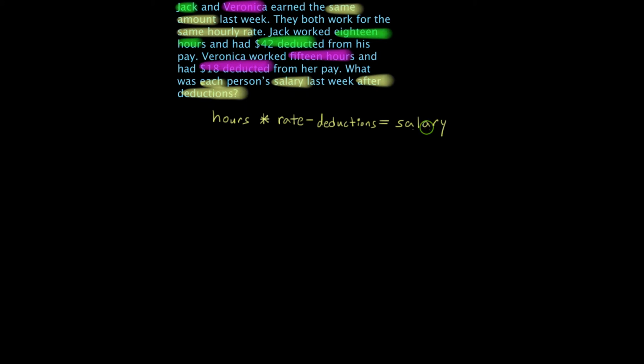But we're also given another piece of key information. They both earn the same amount. So their salaries are equal to one another. I'm going to write that down. So Jack's salary is equal to Veronica's salary.